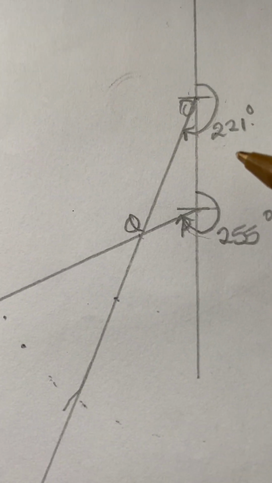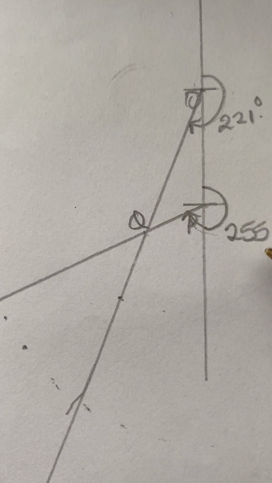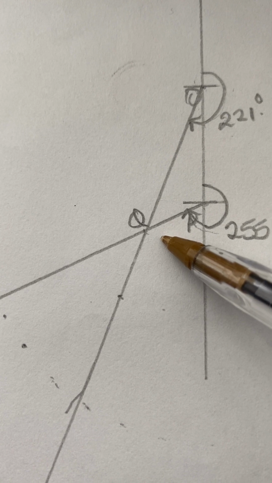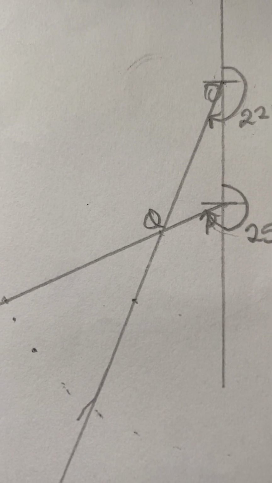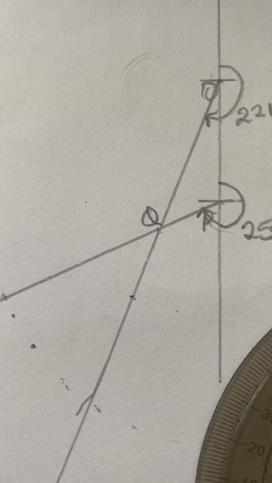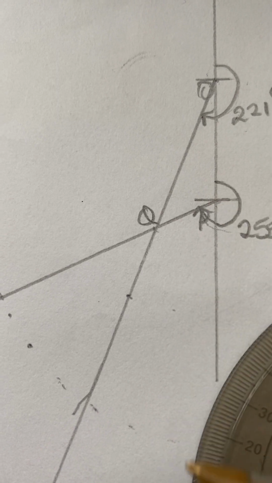So here again, from 180 to 270 will be in the third quadrant. So now 255. So this line here is 180. That line here is 180.